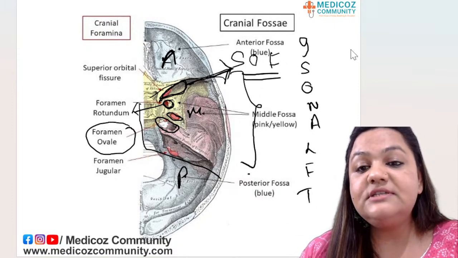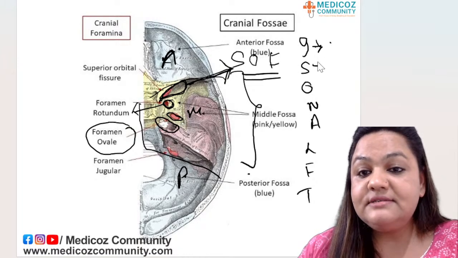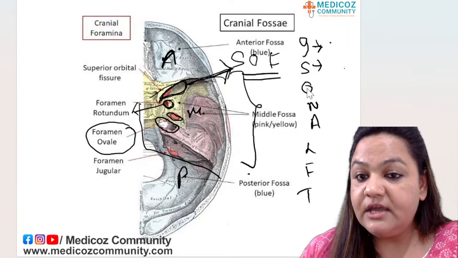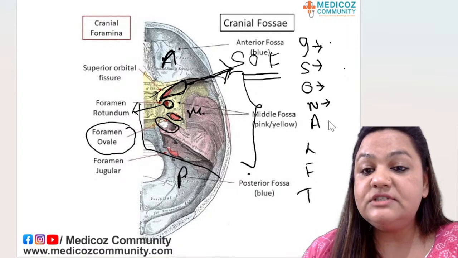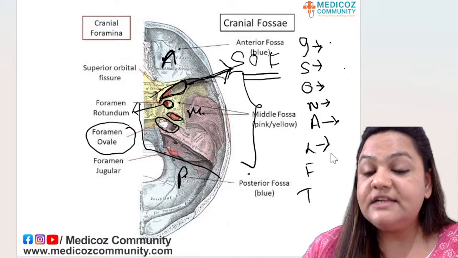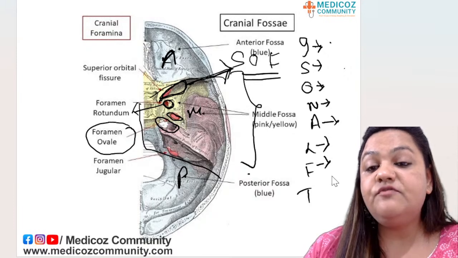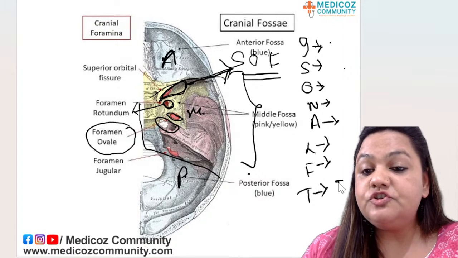In this mnemonic, I stands for inferior ophthalmic vein, S for superior ophthalmic vein, O for oculomotor, N for nasociliary, A for abducent nerve, L for lacrimal, F for frontal, and T for trochlear nerve.